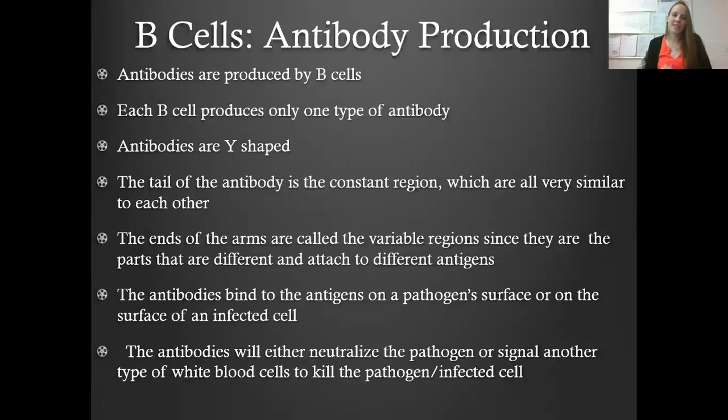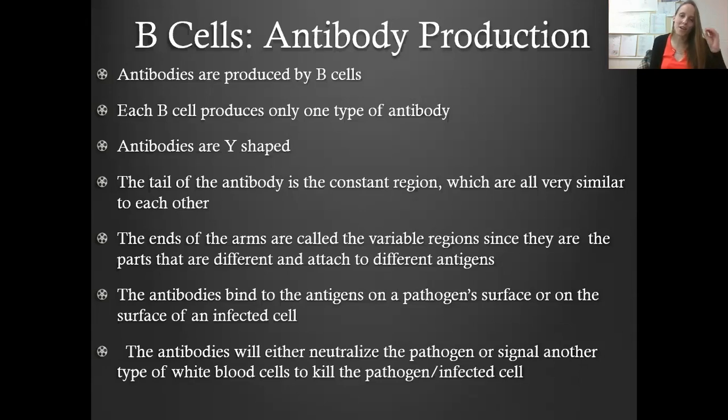The B cells then produce the antibodies. Each B cell produces only one type of antibody, which are always Y-shaped. And the tail of the antibody is the constant region. They're always the same, but the little arm parts of that Y-shaped antibody are the variable regions. They're going to be different for every single antigen that they come across.